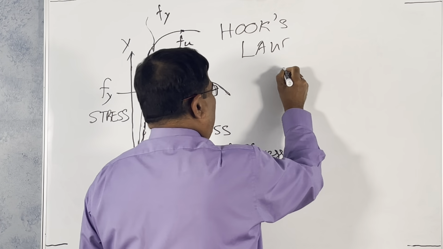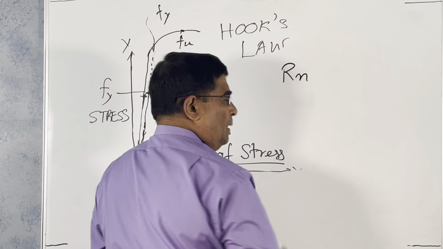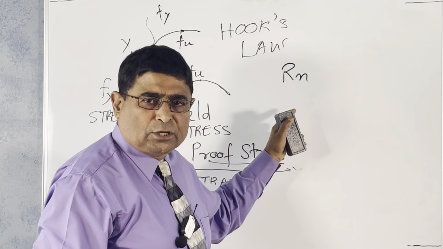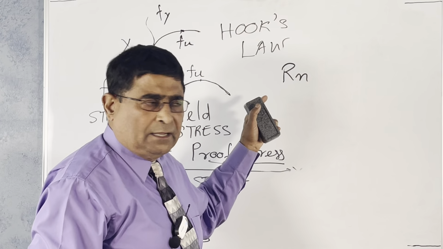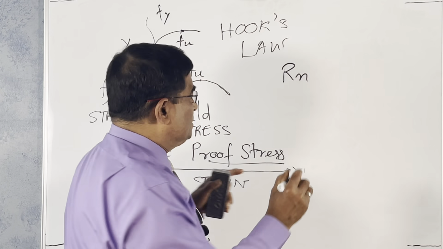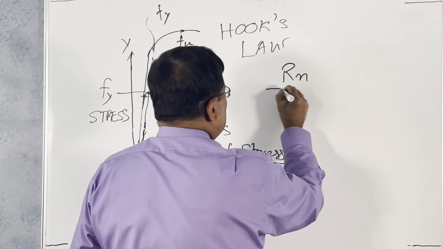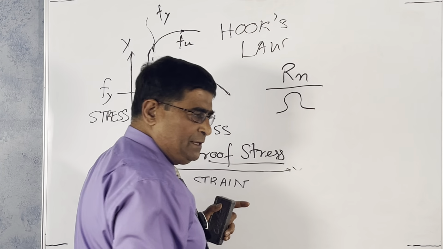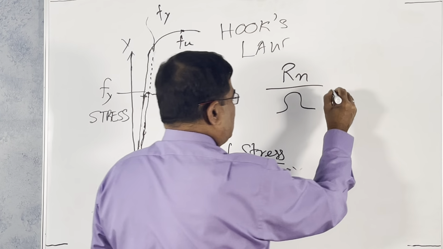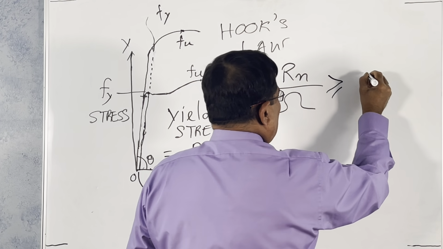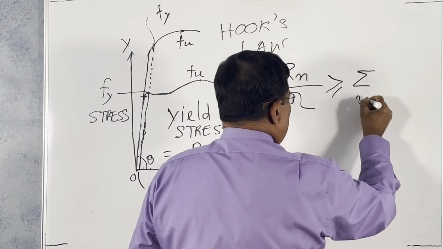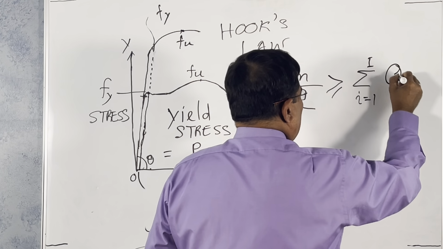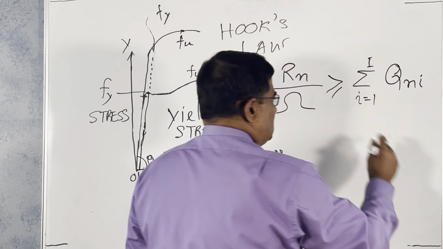We say Rn, the nominal strength, the design strength of the section, in working stress design is divided by a factor of safety omega, and is greater than or equal to the summation over i equals 1 to I of Q_i.